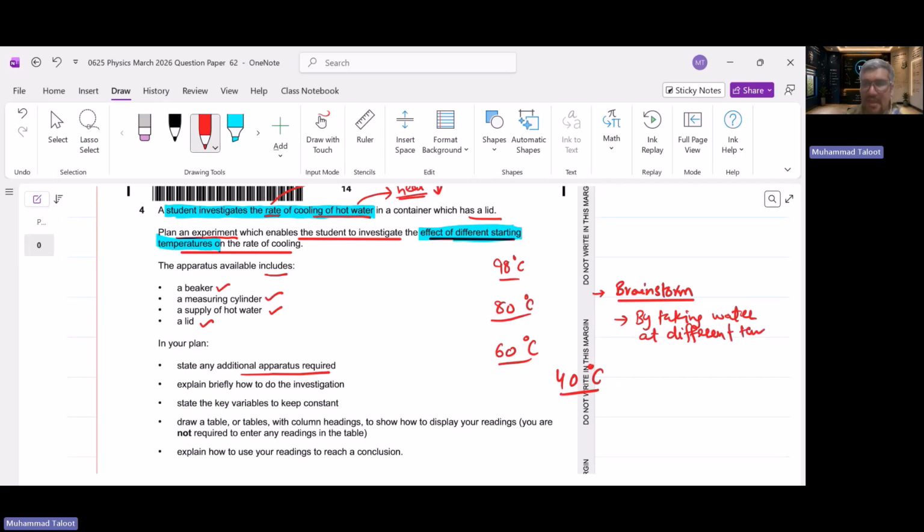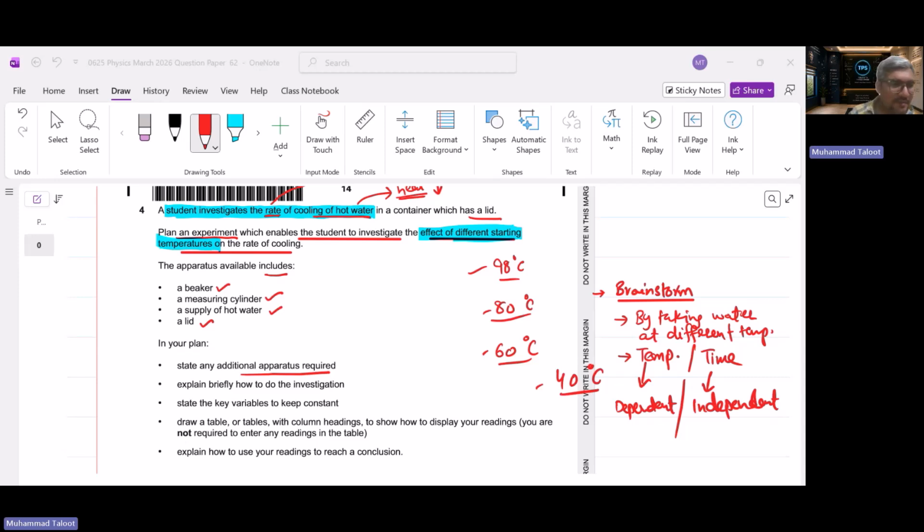I have told you what the temperatures will be. You will be recording the temperature and time. Time is going to be independent here, and temperature is going to be dependent. You have to be very careful about this point, which one is independent and which one is dependent. That is very important here.